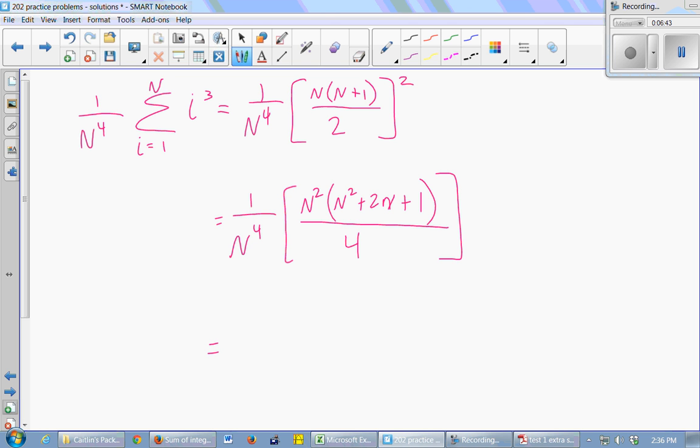All right, I can do a little canceling here. That n squared cancels with my n to the 4th and becomes n squared. And then I'm going to bring my 1 over n squared, multiply these two fractions together. So I've got n squared plus 2n plus 1 over 4n squared.